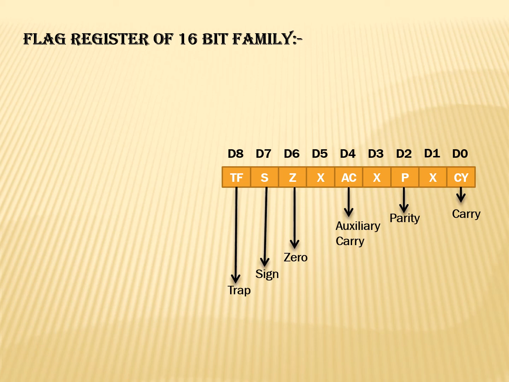Again, the trap flag, if it is set, after the execution of each and every instruction, the microprocessor will be entering an ISR, interrupt service routine. It will perform the routine, again come back to the main program, and so on. If it is reset, no such function will be performed.